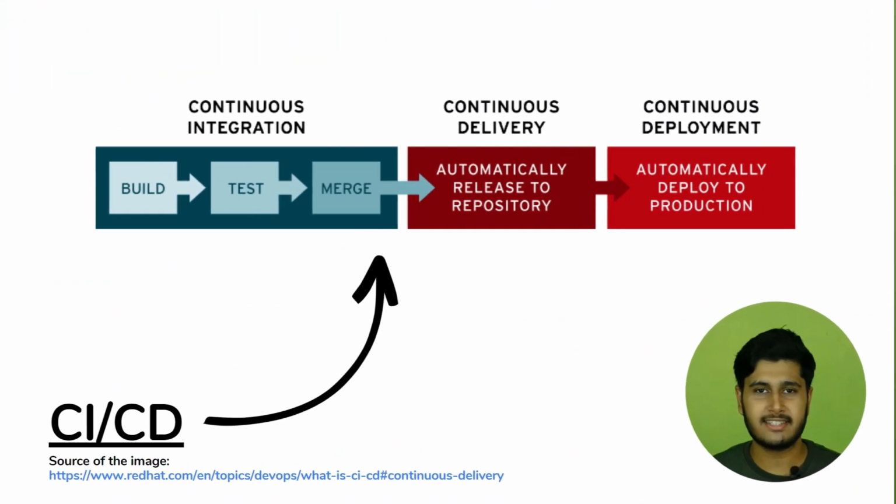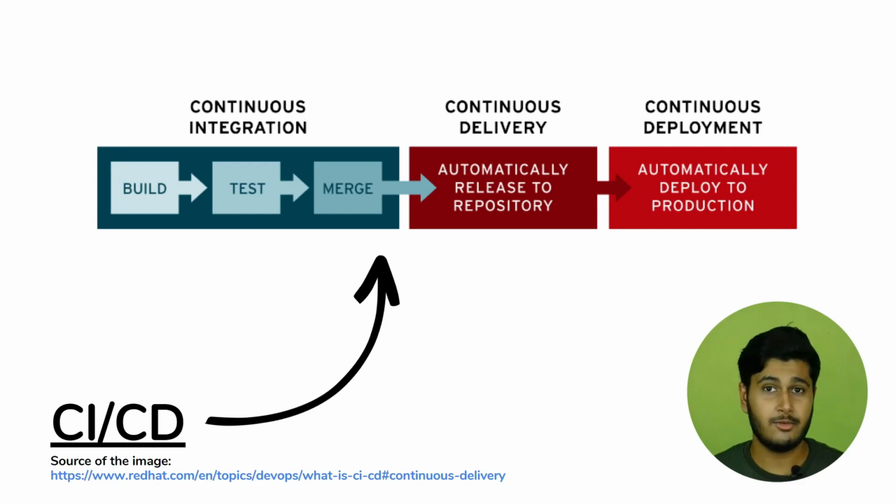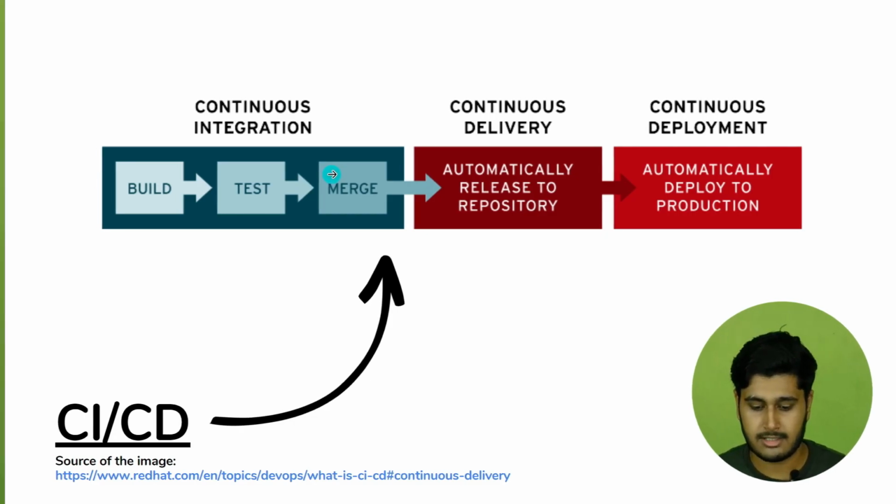Let's talk about the other part, the CD part of CI/CD. As you already know, it stands for continuous delivery and continuous deployment. What are these two things? Look at this sample CI/CD workflow. Continuous integration is the first step of a CI/CD workflow. You have to build, test, and merge the change into the shared repository. This is the goal of continuous integration. Then comes continuous delivery.